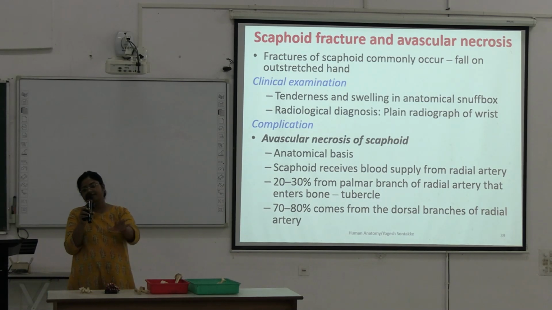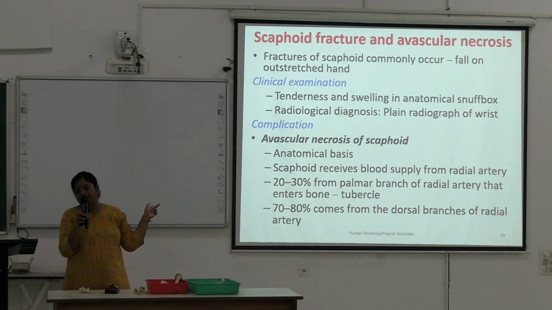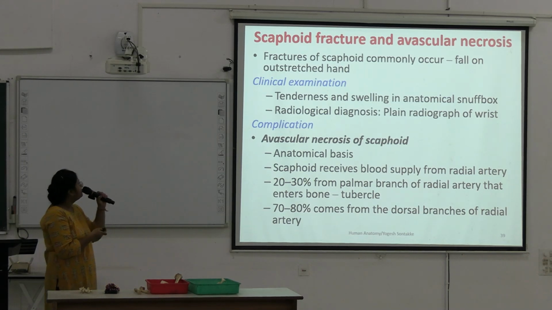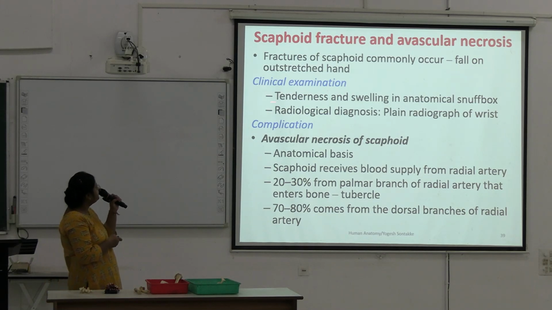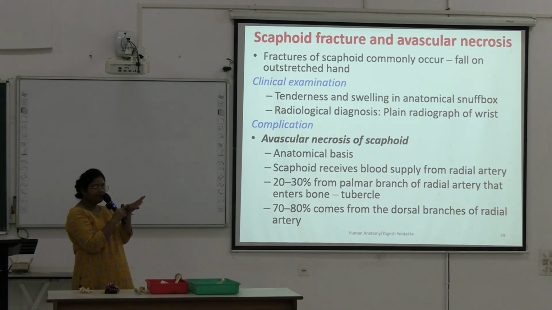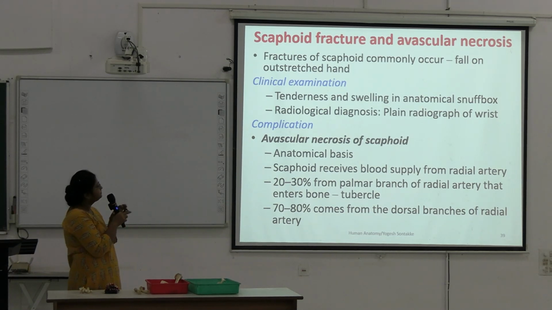If you fall over like this, it is a fall on an outstretched hand. In clinical examination, tenderness and swelling will appear in the anatomical snuffbox. This part is the anatomical snuffbox, this depression over here. Here lies the scaphoid. So if a fracture occurs, there will be pain and tenderness over this area.